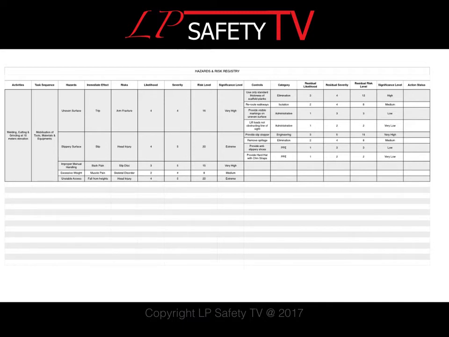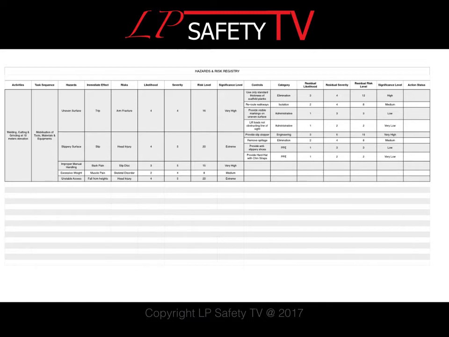Okay. Now, after the category column, you have the residual likelihood. Once the control is in place, you need to measure what happened to your likelihood before. If initially you have 4, what will be the present or current, what will be the resulting likelihood once you applied such control?